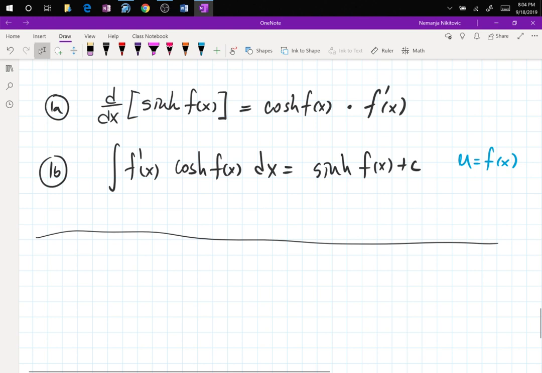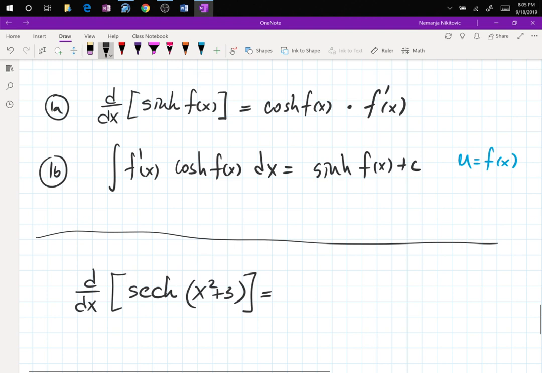You went to school and learned for 4 years to differentiate examples. So the boss wants you to differentiate the secant hyperbolic of x squared plus 3. And then once you're done, you can take your break.